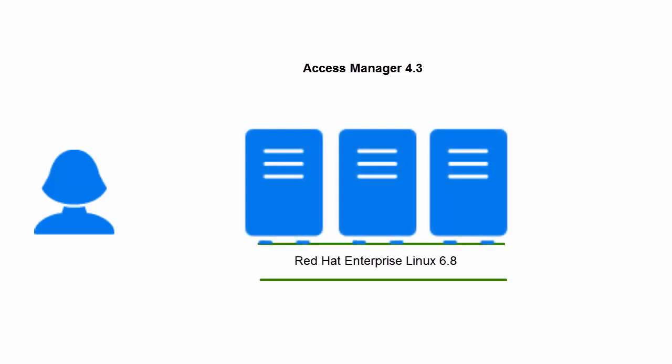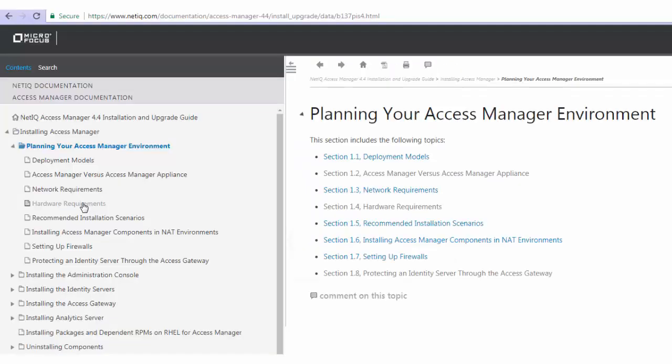Now, if the administrator is using Access Manager 4.3 on an RHEL 6.8 platform and the administrator requires to upgrade the platform with Access Manager 4.4, in this case, we must check the supported operating system. To check the supported operating system, refer to the Hardware Requirements section in the Install and Upgrade Guide.